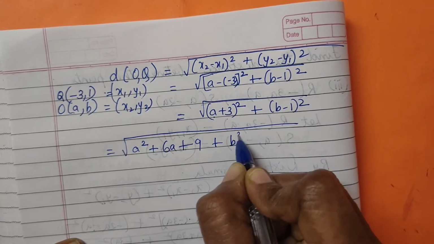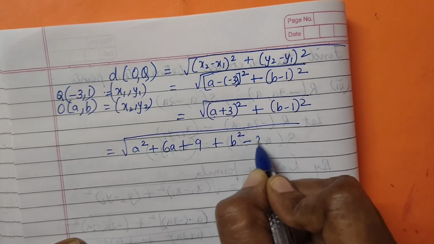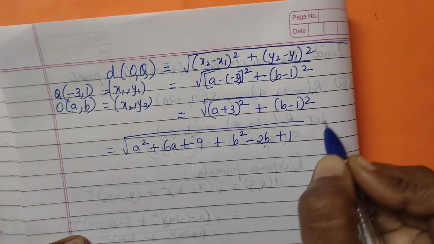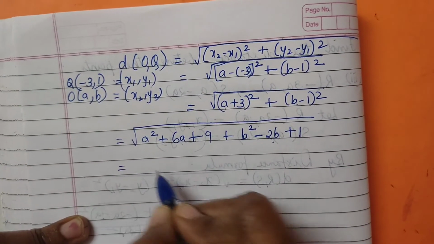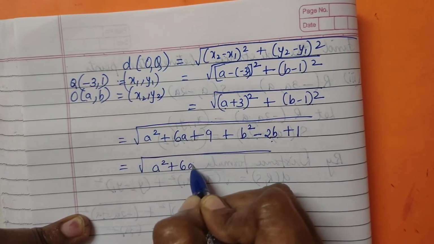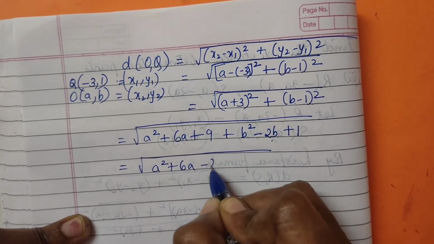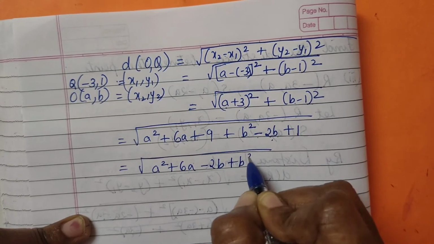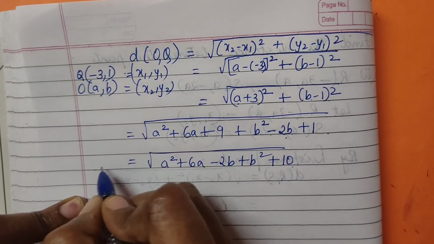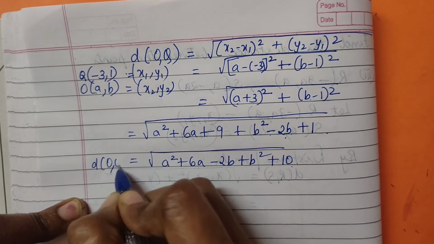Similarly here b square minus 2b, that is 2 into b into 1, plus 1. So now, if you observe, a square plus 6a minus 2b plus b square plus 9 plus 1, that is plus 10. So what is the distance OQ you got?